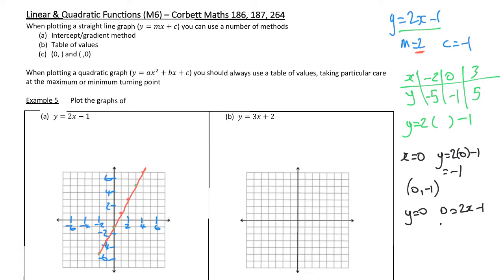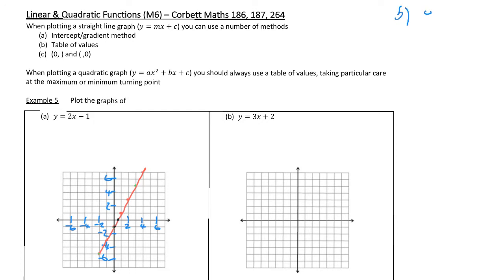So then take the 1 over the other side, we get 1 equals 2x, and dividing by 2 you get 1/2 equals x. So we've got the other coordinate of 1/2 and 0. And if we look at our graph, 1/2, 0, yep, we're there, and 0, -1 is there as well. So those are 3 different methods to plot the line.